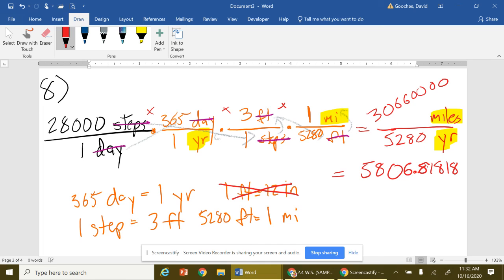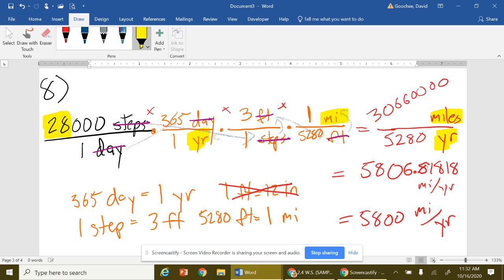5806.81818 miles per year. Now, we can only keep two significant figures, so our answer here is going to be 5,800 miles per year.